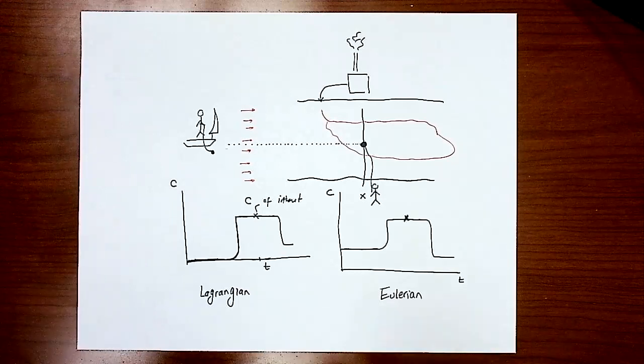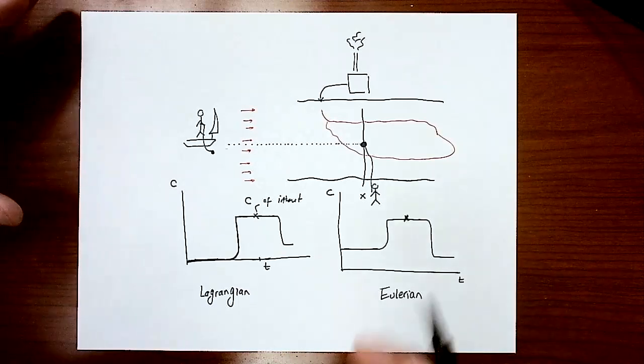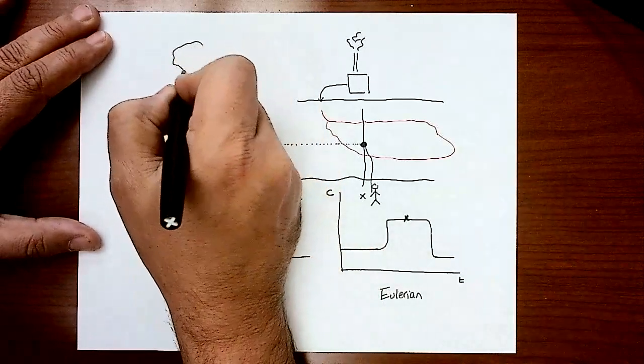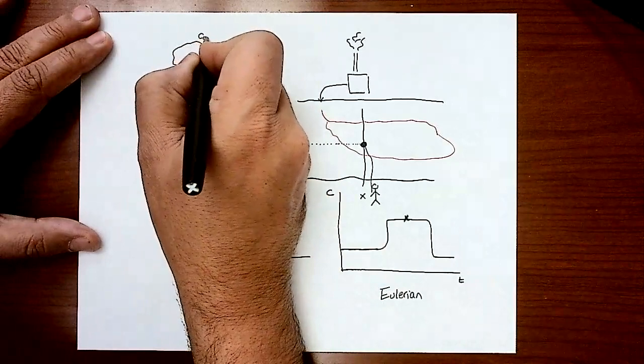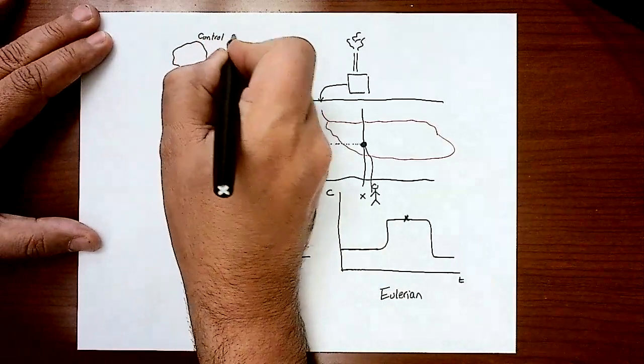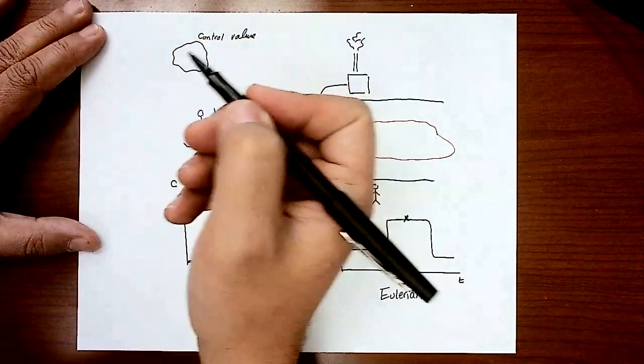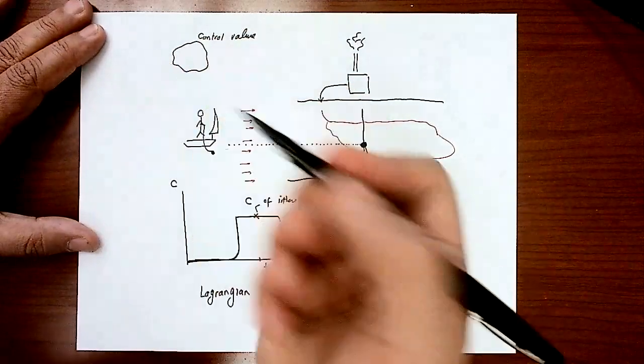So can we satisfy both approaches at the same time? For example, let's make that apply to what we are trying to do. Let's assume that you have a specific control volume, and I'm interested to collect data about the velocity of the fluid flow going through that control volume.